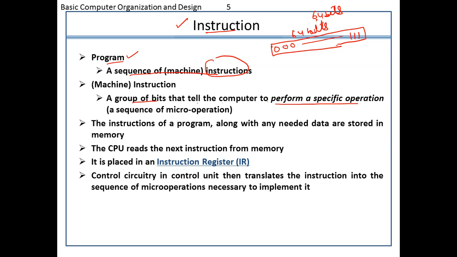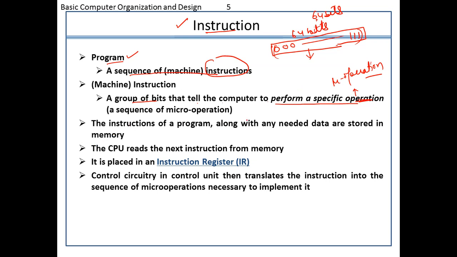Now, this group of 64 bits will instruct the computer to perform specific micro operations. Operation here simply means the micro operation, because in the computer we are basically dealing with the registers, and when we perform any operation on the register, we call it a micro operation. So this is how we will proceed.